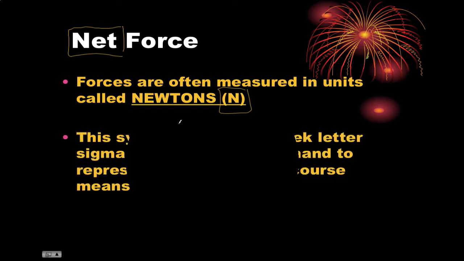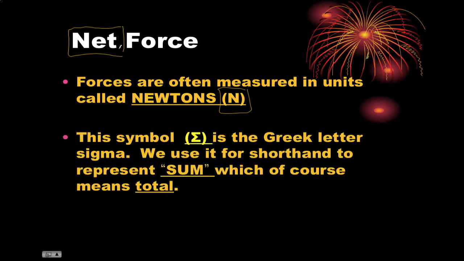Now what we can do is figure out all of the forces acting on an object. So what I might do is use this symbol right here, sigma. Sigma just means sum, not S-O-M-E, S-U-M. So the sum of 2 and 2, sum is figuring out the total, the sum is 4.